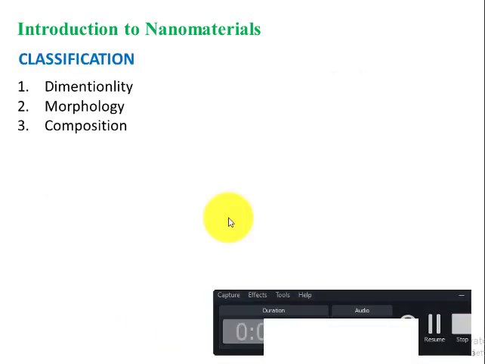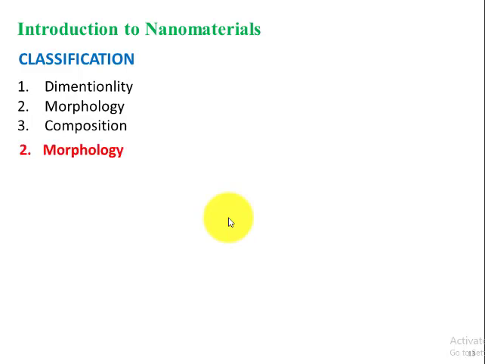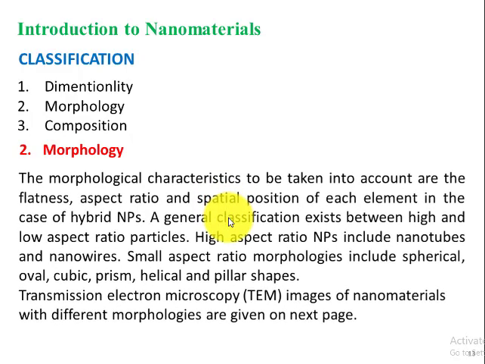Nanomaterials can be classified on the basis of their morphology. The morphological characteristics to be taken into account are the flatness, aspect ratio, and spatial position of each element in the case of hybrid nanoparticles.